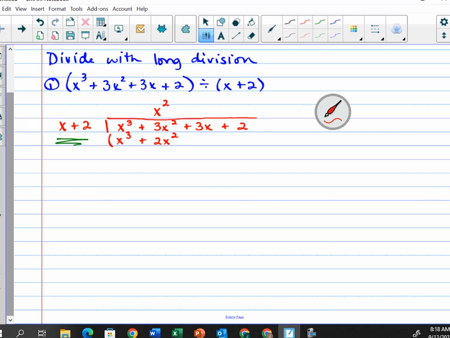So I always put it in parentheses to remind myself I'm subtracting all of this. So the x cubed is minus x cubed. That's going to go away. That should always happen. And then 3x squared minus 2x squared is just x squared. Bring down your plus 3x.